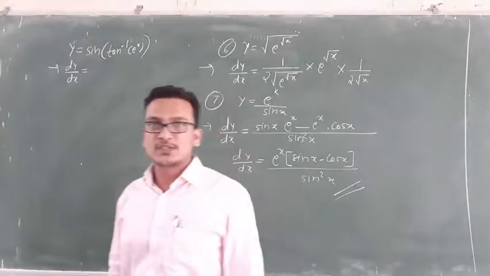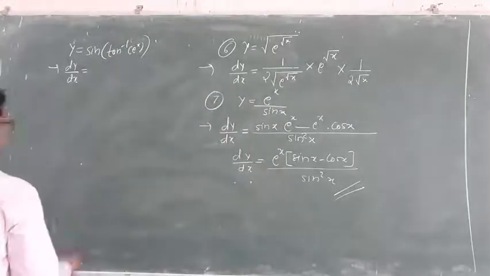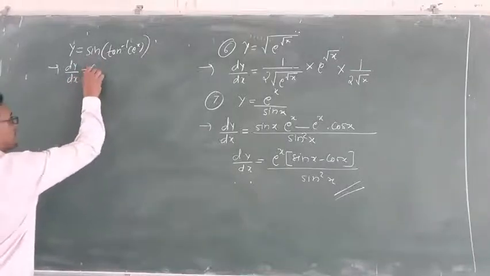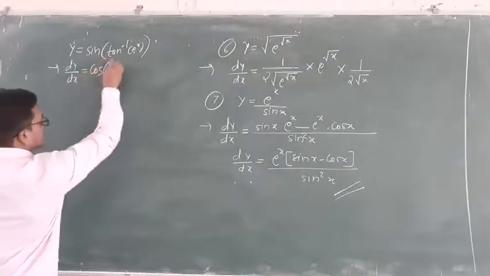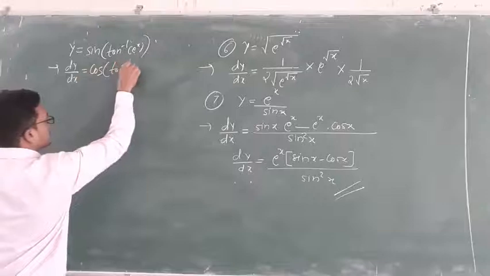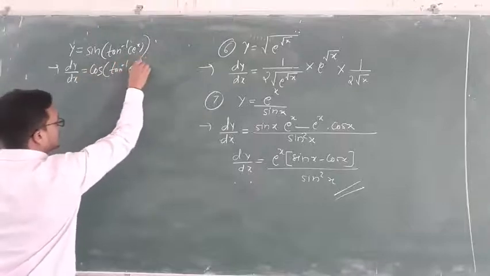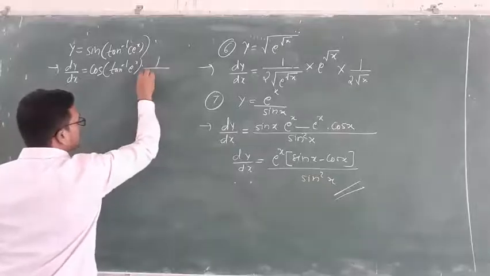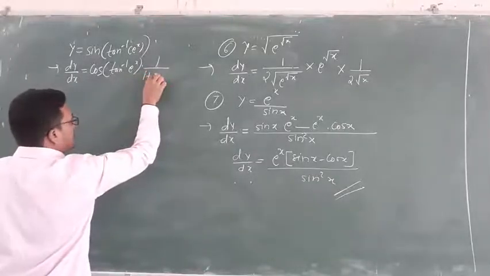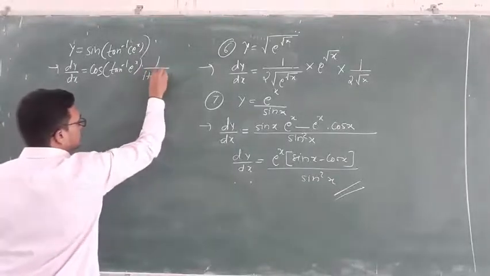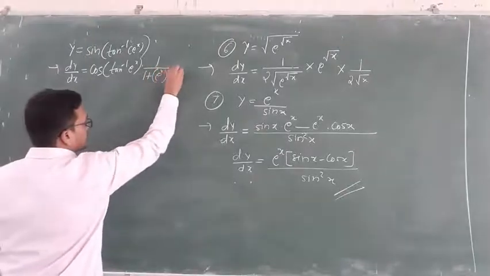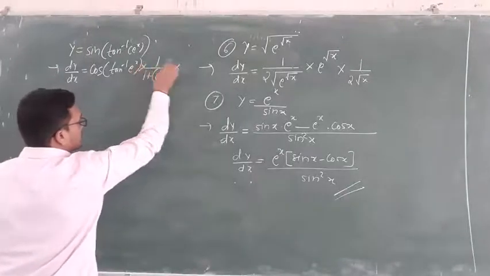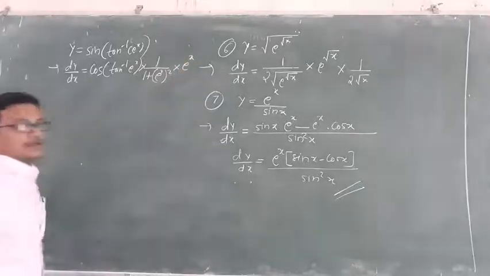So the first function is the sine function. So derivative of sine is cos, this x as it is, that is tan inverse of e to the power x into, next derivative of tan inverse x is 1 divided by 1 plus x square, but here x is what? e to the power x. So e to the power x whole square into, okay, e to the power x derivative is e to the power x only.